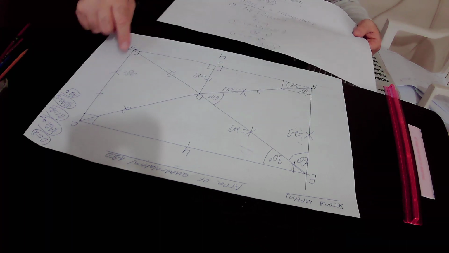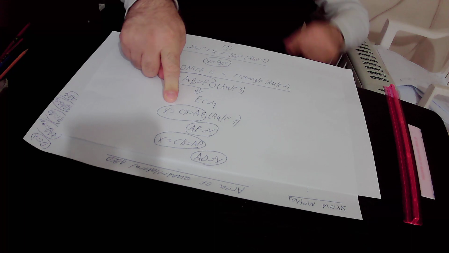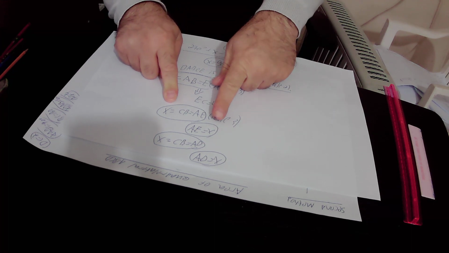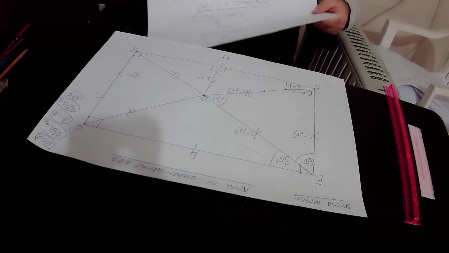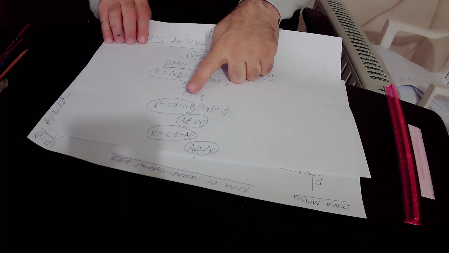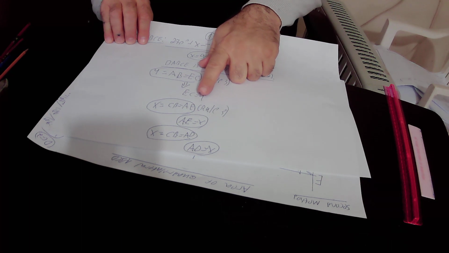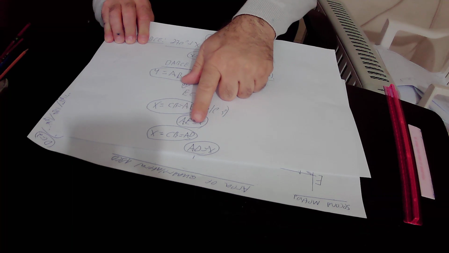If we define CB as x, then from this equation we will derive that AE also equals x. And it is given in the question that CB equals AD.